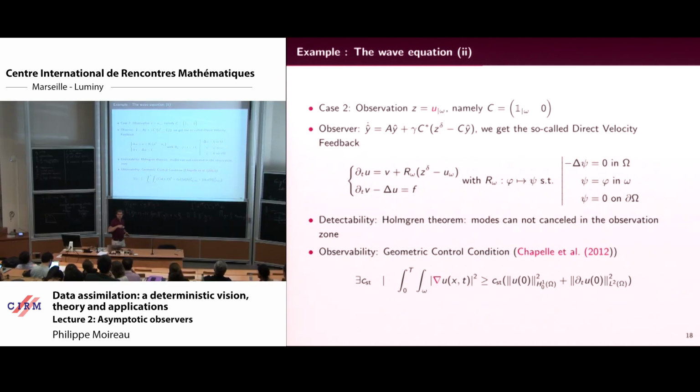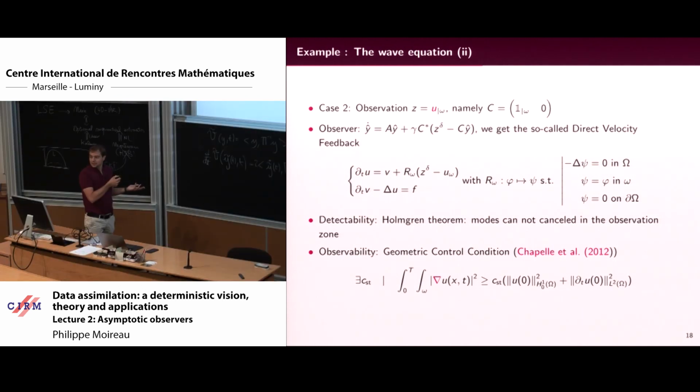It's not like you are putting a force that uses the discrepancy. You control the first equation. Again, you have hat here, and so basically in the observer equation, the derivative of the velocity is not the velocity anymore. It's the velocity plus a control term.